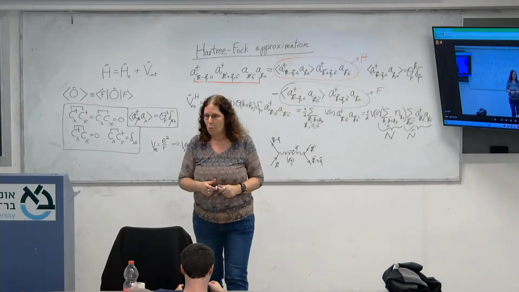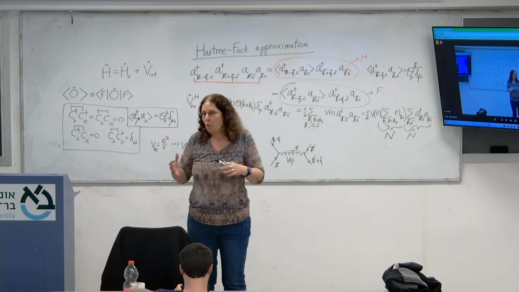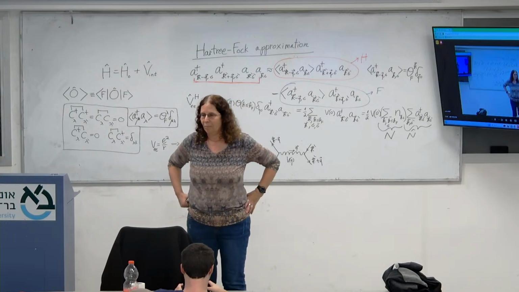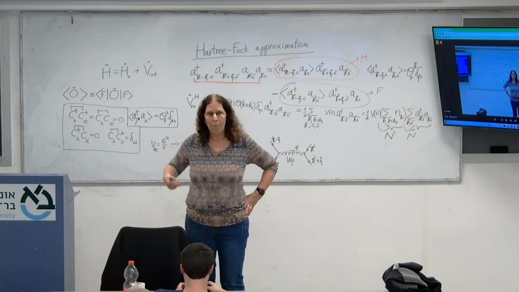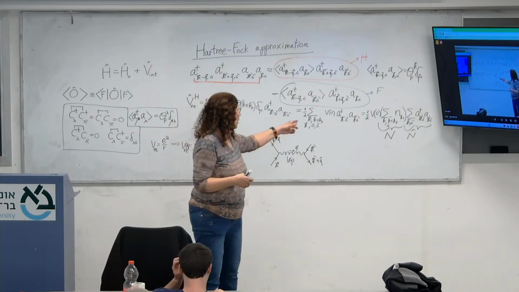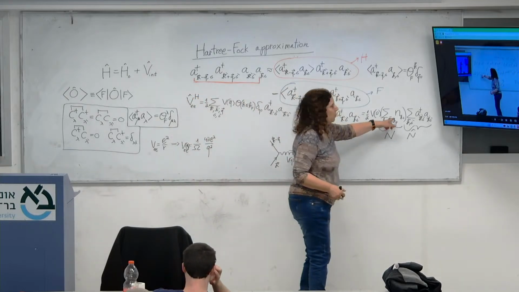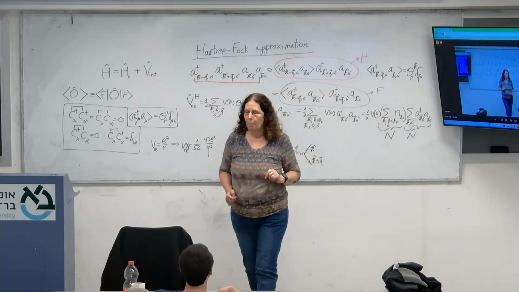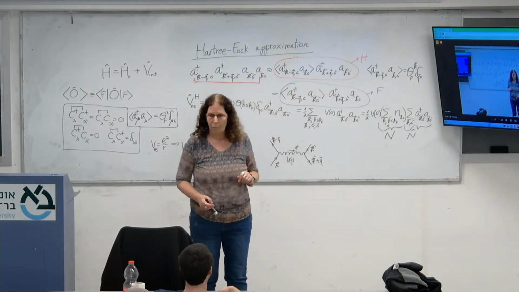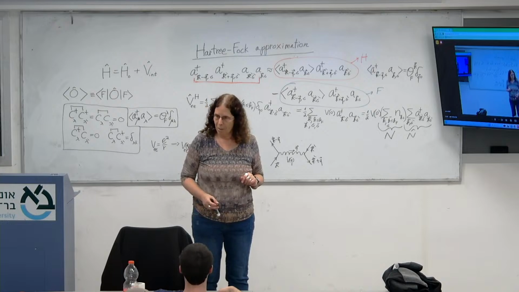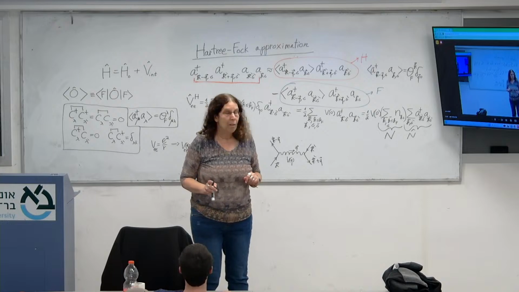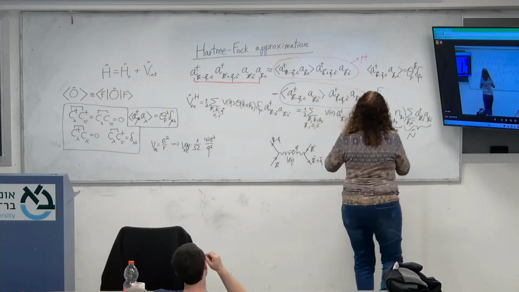The theta gives you 1 only provided that the absolute value of k is smaller than k Fermi. Is it clear? I just plugged in this.